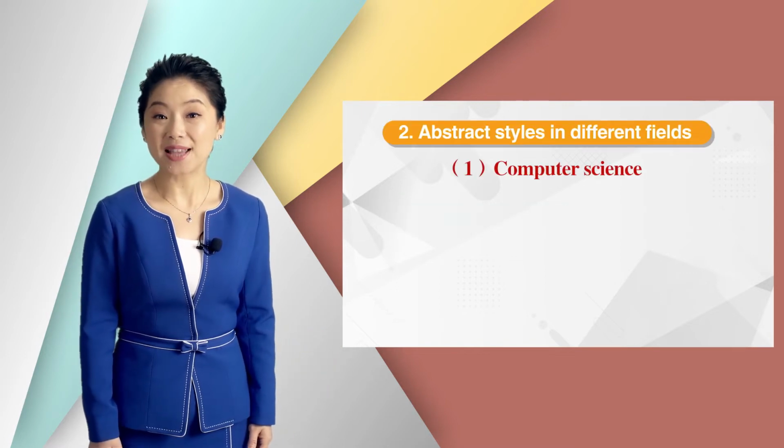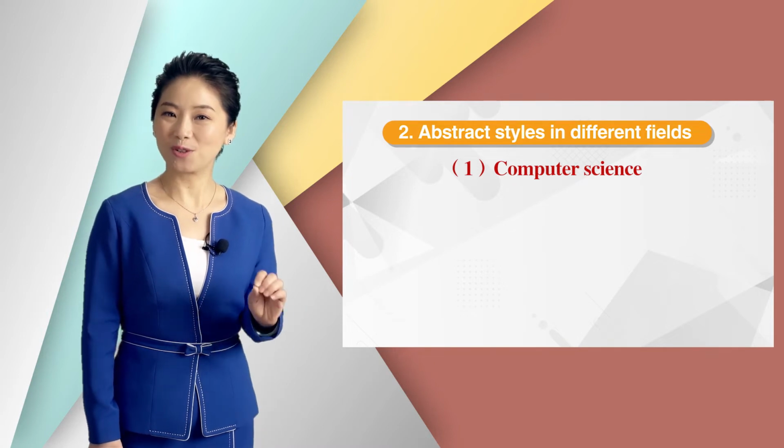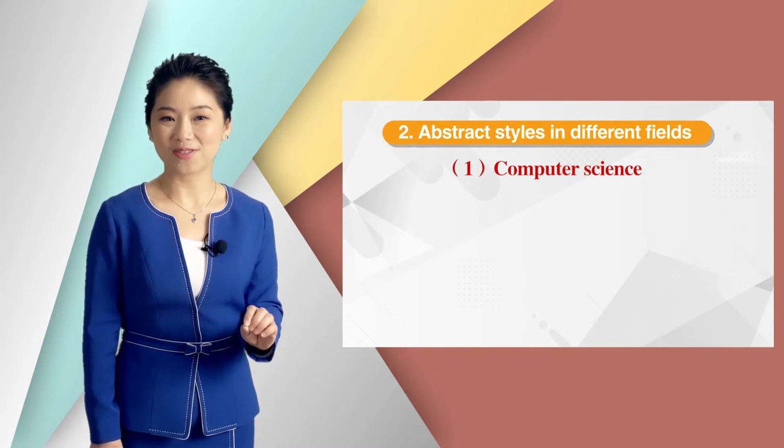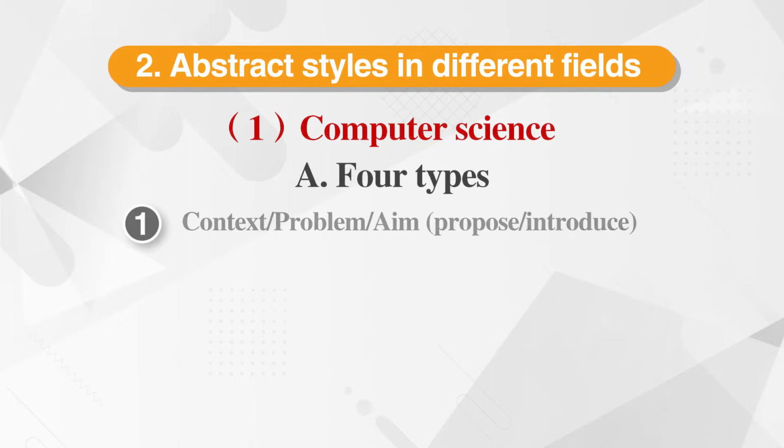In computer science, the logic flow of the abstract is: first, context, problem, aim. Usually we use words like propose and introduce. The first sentence uses words like propose to show what we have done.